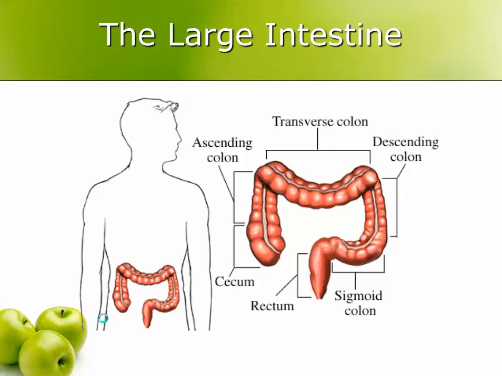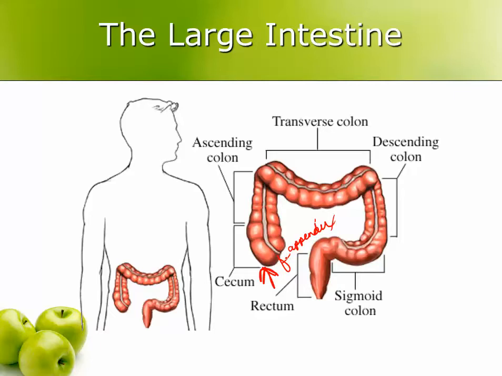Okay, after absorption and all this breaking down occurs, some of your undigested food will go into the large intestine. So it enters the large intestine right here. This is also where the appendix would be. They're not showing it in this picture, but that's where the appendix would be. Now, the food doesn't actually travel through the appendix. The appendix is just kind of there on the side.